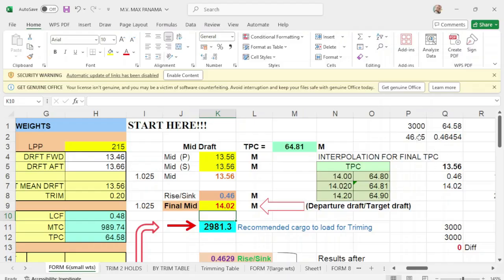So divide this by 100, it will be 0.46 meters, and you add this one to your present drop, and that your departure drop will be 14.02, which is this one. So this means from your present drop of 13.56 mean, you need 46 centimeters to reach 14.02 as your departure drop. Okay, so that is what it meant.